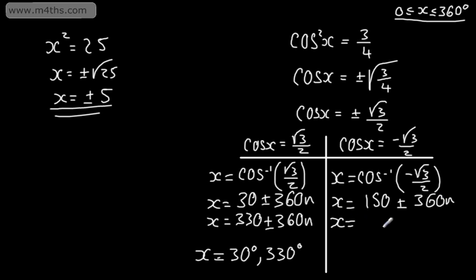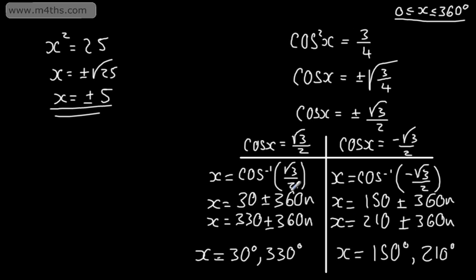By symmetry, we're going to have 150 back from the 360, which is going to give me 210 plus or minus multiples of 360 degrees. So from here, we can see that x is going to be equal to 150, and then we've got now 210. So I've got four solutions to this particular equation in the given interval, and I would list them out in ascending order.